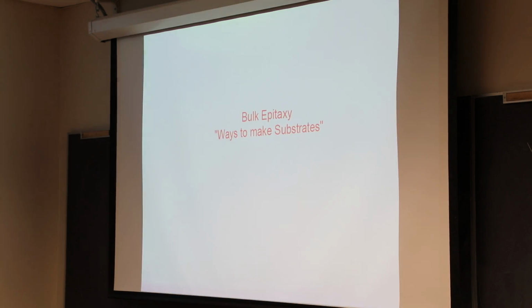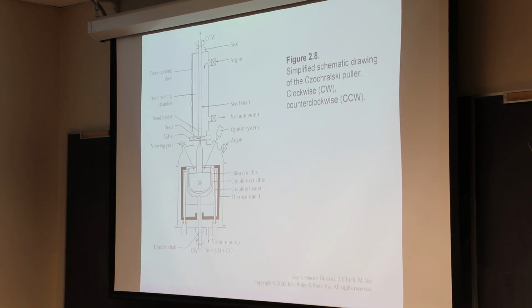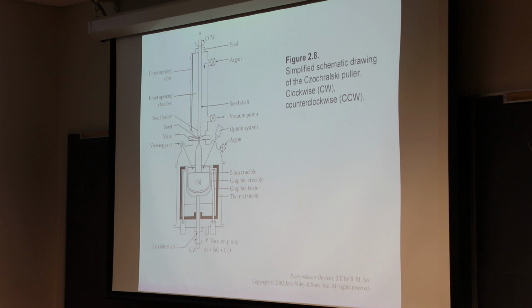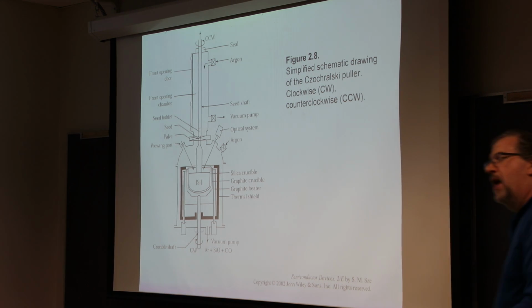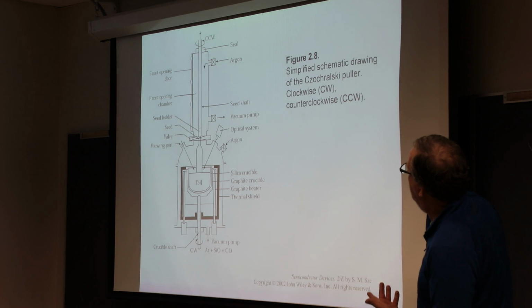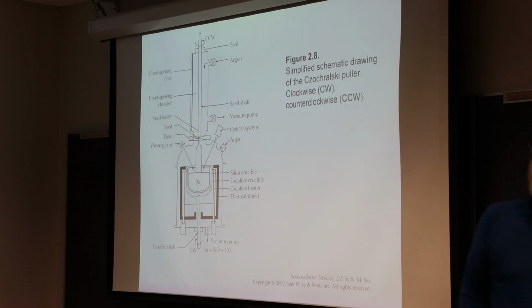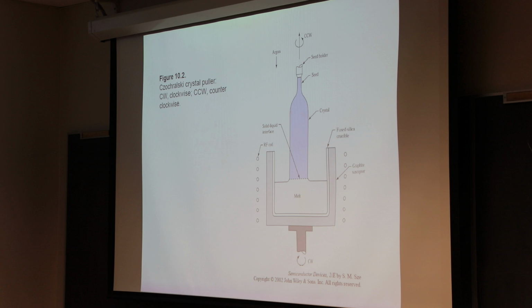Okay. Ways to make bulk epitaxy. This isn't a process class, but you should kind of know where things come from, I think. And so here's the Czochralski method, and that led to the ability to make those boules and those large ingots or crystals.